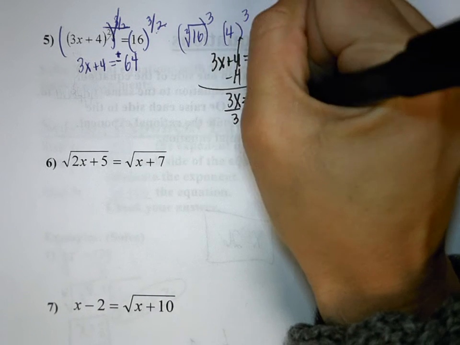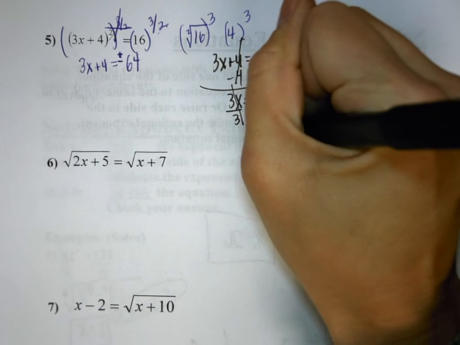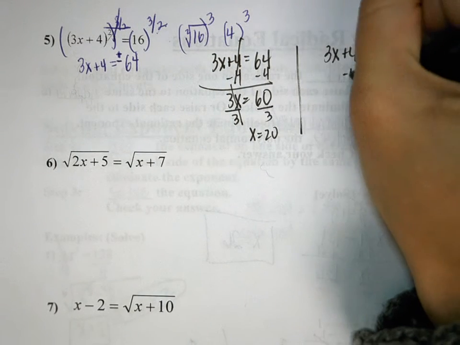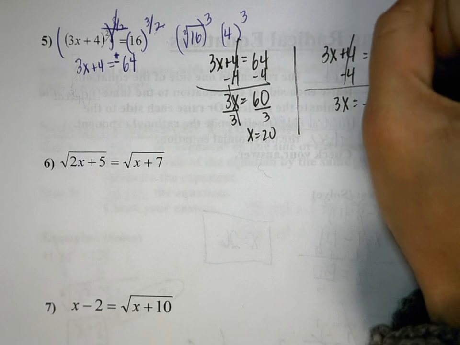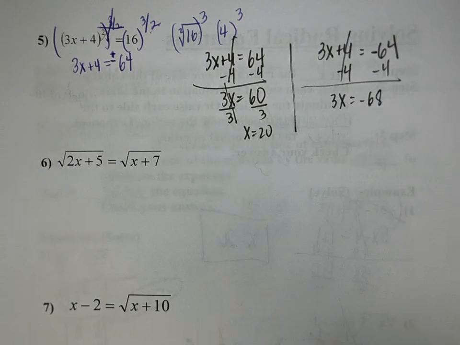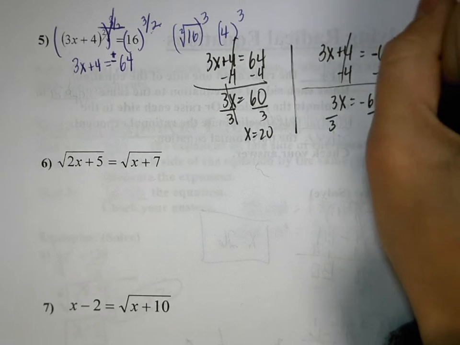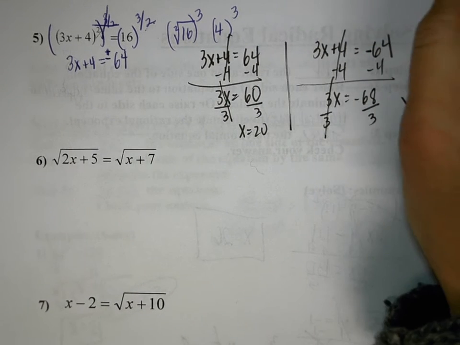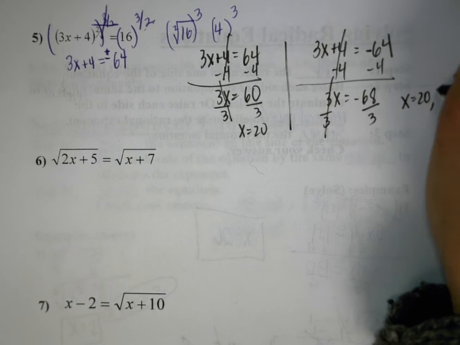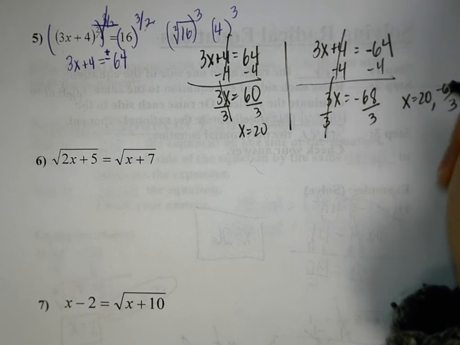Divide by 3. X equals 20. Over here I subtract 4. 3x equals negative 68. We divide by 3. Can 3 go into 68? Nope. So that means we'll just leave our answer like that. So our answers are x equals 20 and negative 68 over 3.